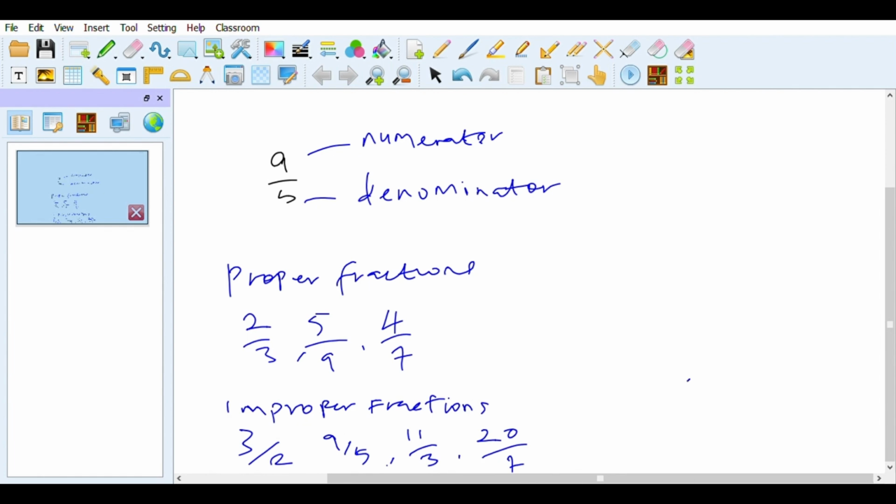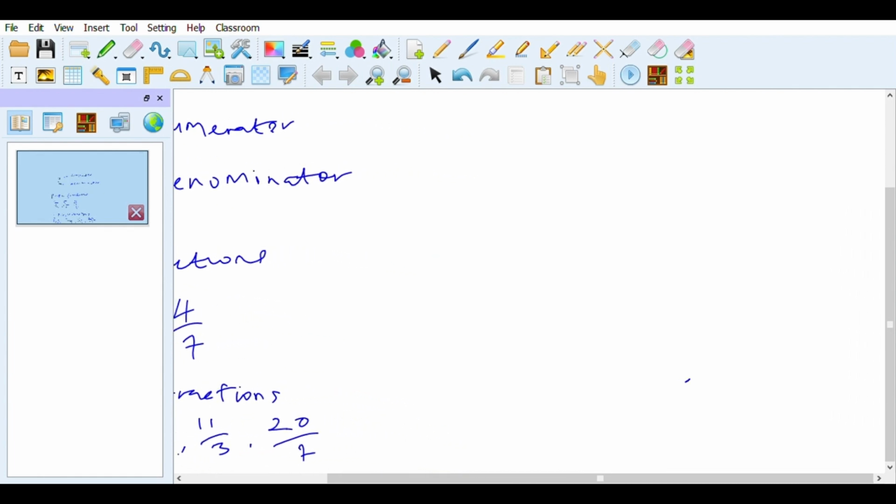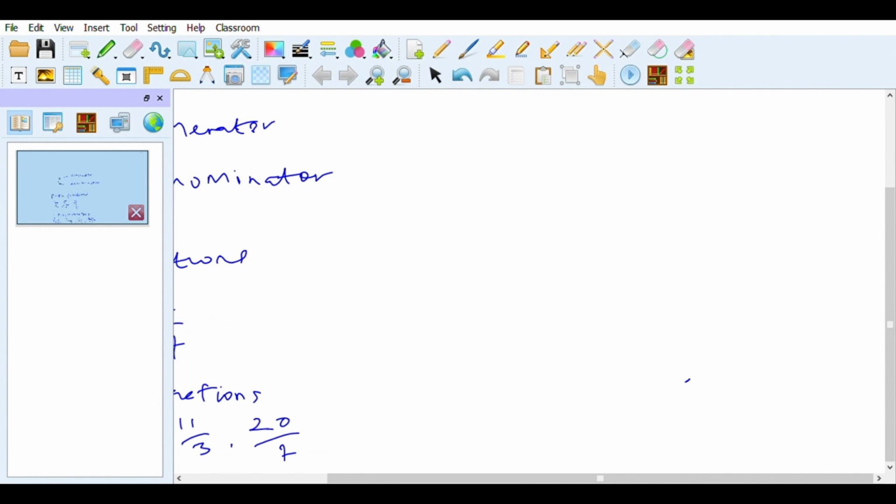We have a third type of fraction that involves both a whole number and a proper fraction. These kinds of fractions are called mixed fractions. A mixed fraction has a whole number part and a proper fraction, that is, a fraction where the numerator is smaller than the denominator.